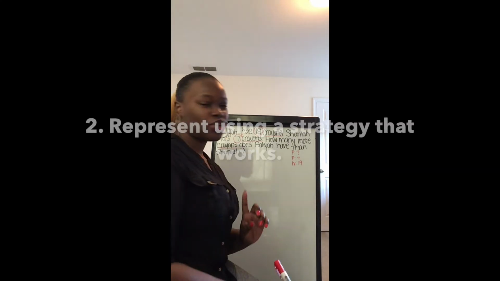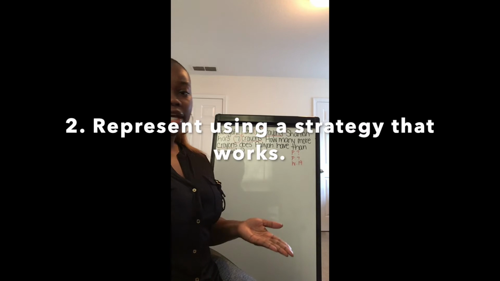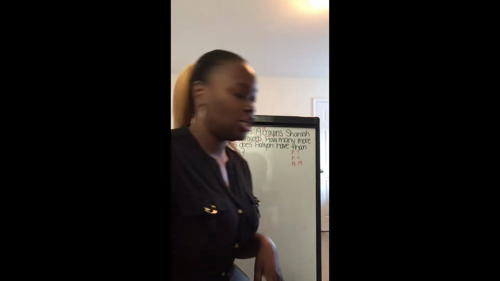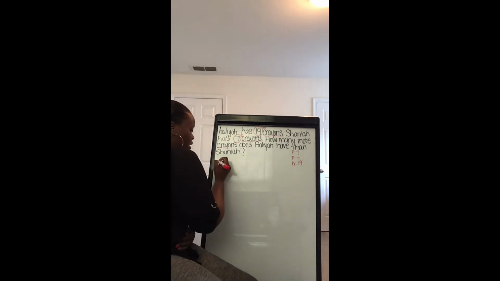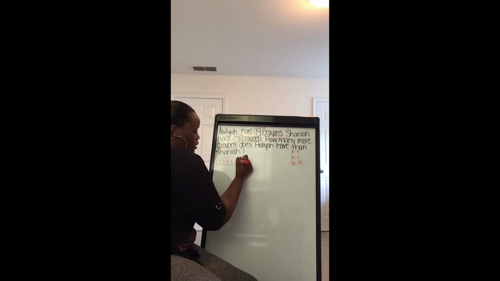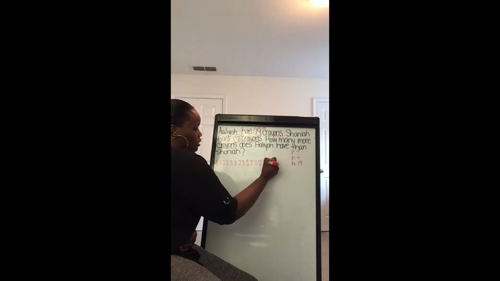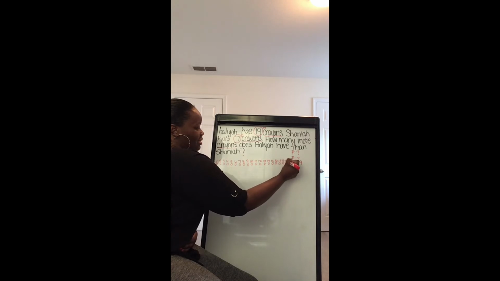The first strategy I'm going to show you is a strategy that the kindergartners use at the beginning of the year. It's called the compare strategy. The first step is to represent 19. 1, 2, 3, 4, 5, 6, 7, 8, 9, 10, 11, 12, 13, 14, 15, 16, 17, 18, 19.